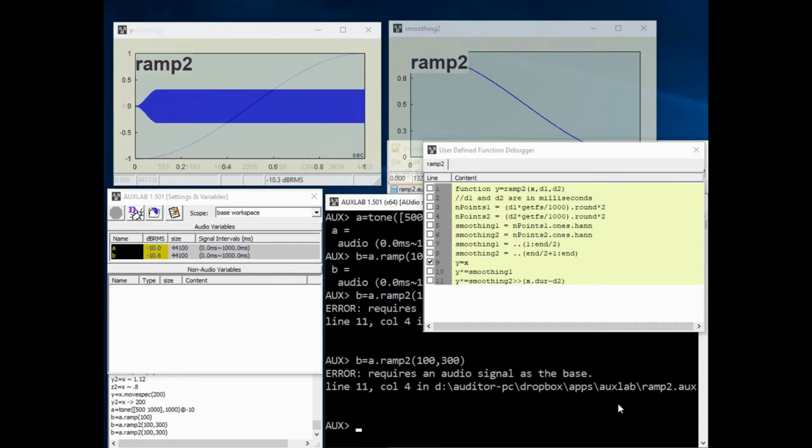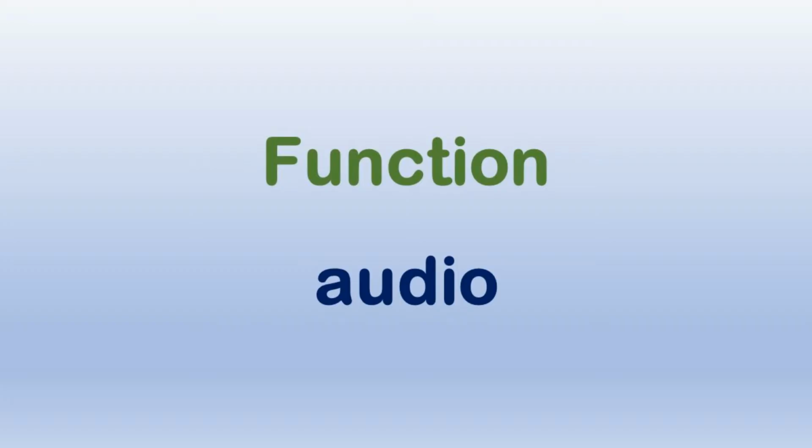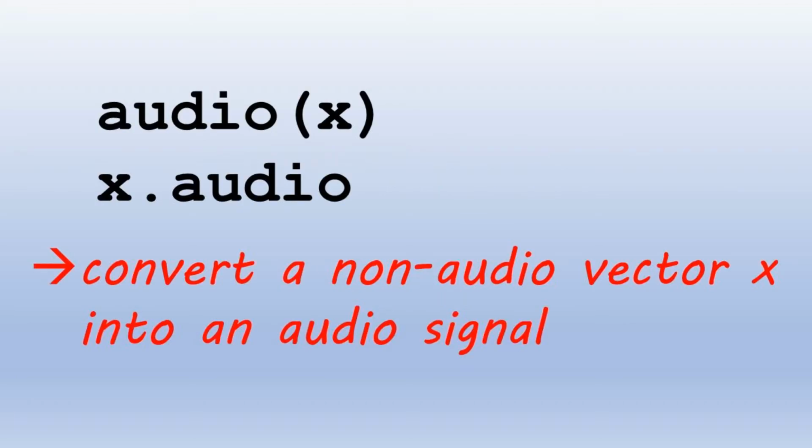What is wrong on line 11? We need to figure out. On line 10, we multiply smoothing 1 on Y, and it worked okay. But on line 11, when we try to multiply the time-shifted version of smoothing 2 on Y, we had an error. If you think about it, that makes sense because in order to use time shift operator, you have to have audio signal.